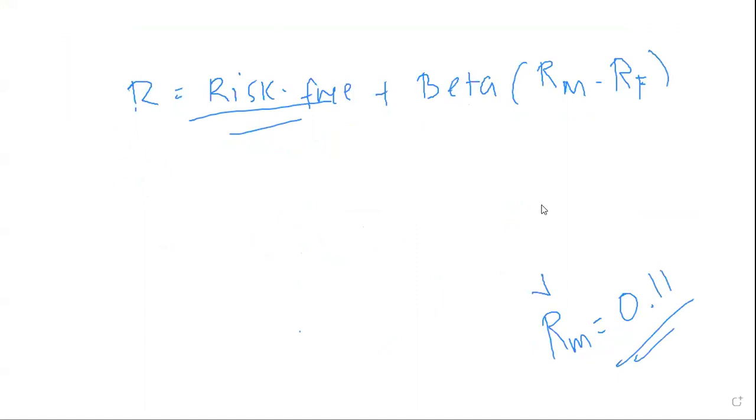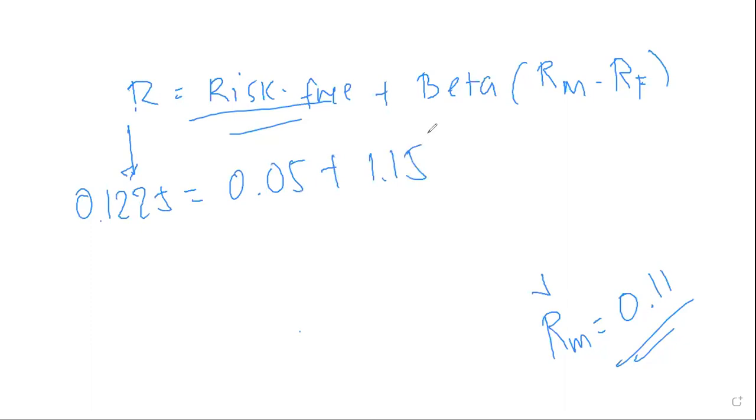Okay, so as given, the return is 12.25%. Then the risk-free rate is 5% plus beta of 1.15, then we don't know this, minus the risk-free rate of 5%.